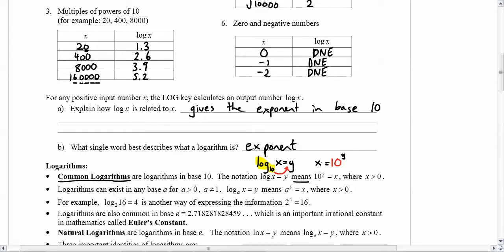Logarithms can happen for any base, but we can't have negative bases, and we can't have a base of 1. Log base a of x equals y means that if you wanted to take that a to the other side, it would become the base of the y of the exponent. So that would mean a to the power of y equals x.